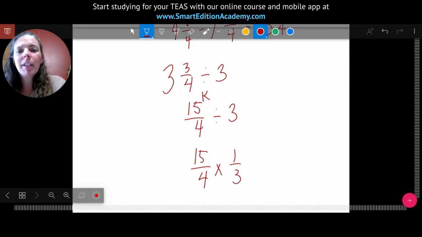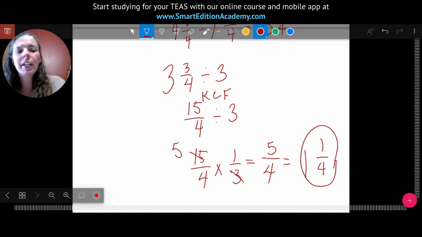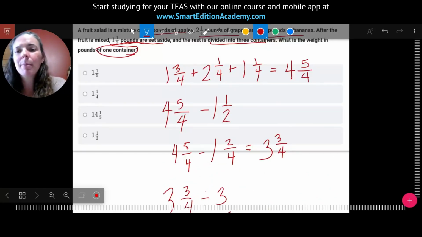And if you remember keep, change, flip, that is a great way to remember how to divide fractions. Then we can just multiply across the top and across the bottom, or we can cross cancel here and you get 5/4, which is the same thing as 1 1/4. So each container should weigh 1 1/4 pounds.